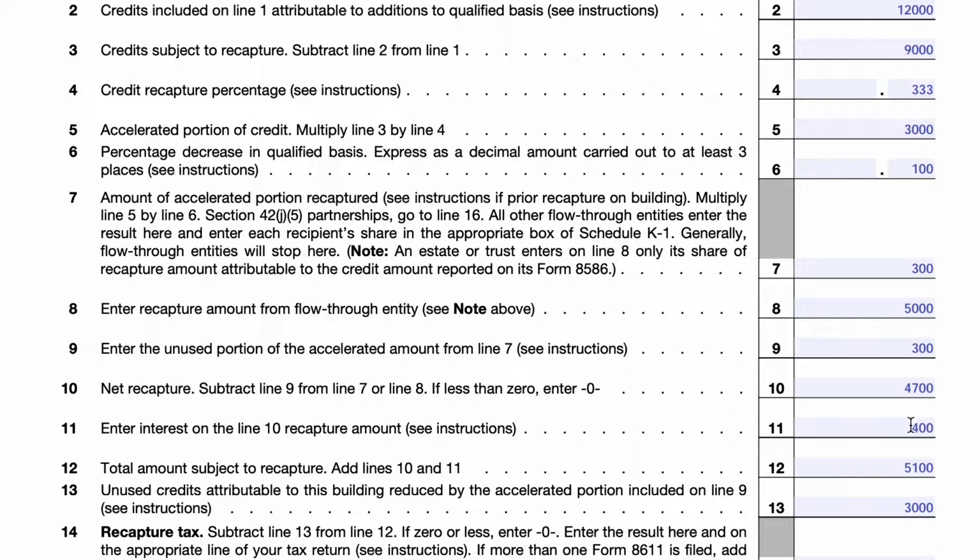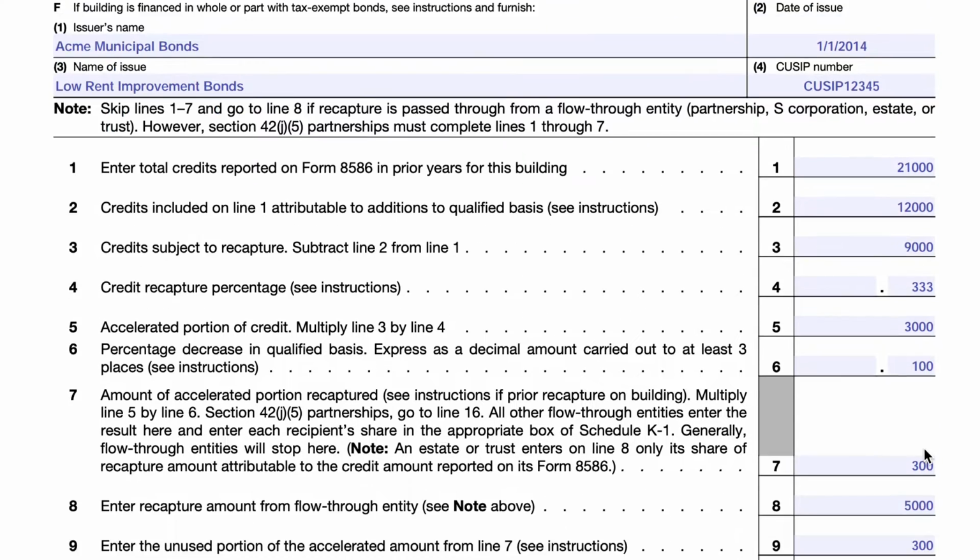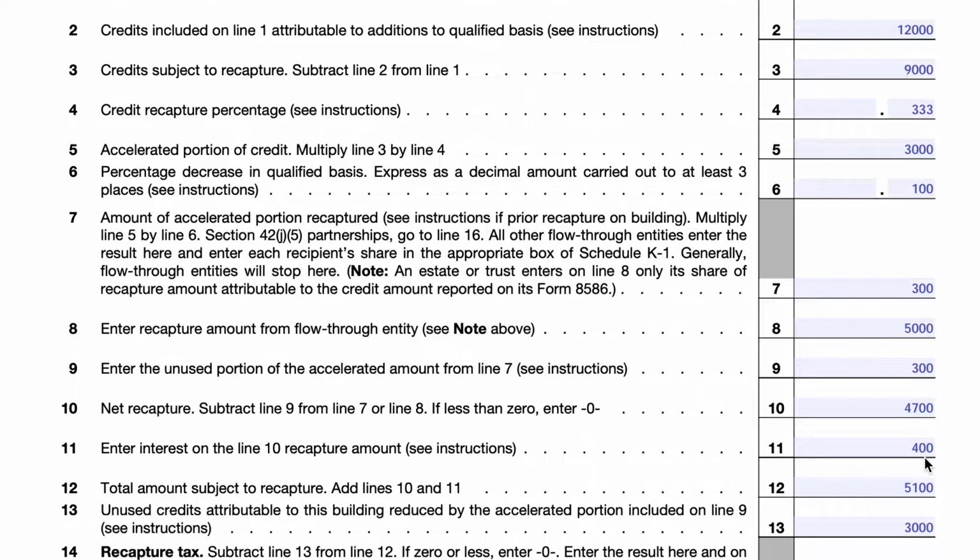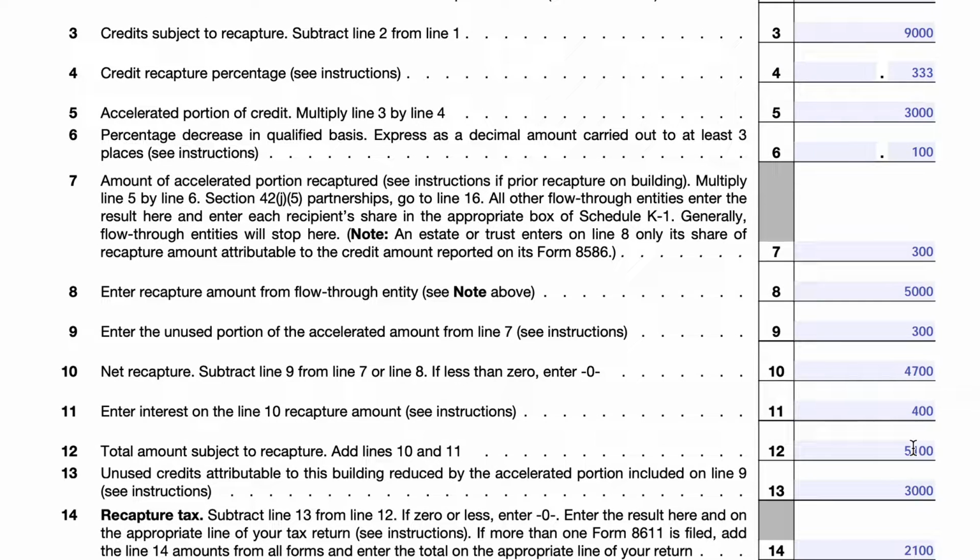Once you calculate the interest, obviously as a placeholder, we just put $400 here. Once we get that interest calculated, you'll combine that with the actual recapture amount. And then in line 13, enter the unused credits that were attributable to this building that were reduced by the accelerated portion on line 9.